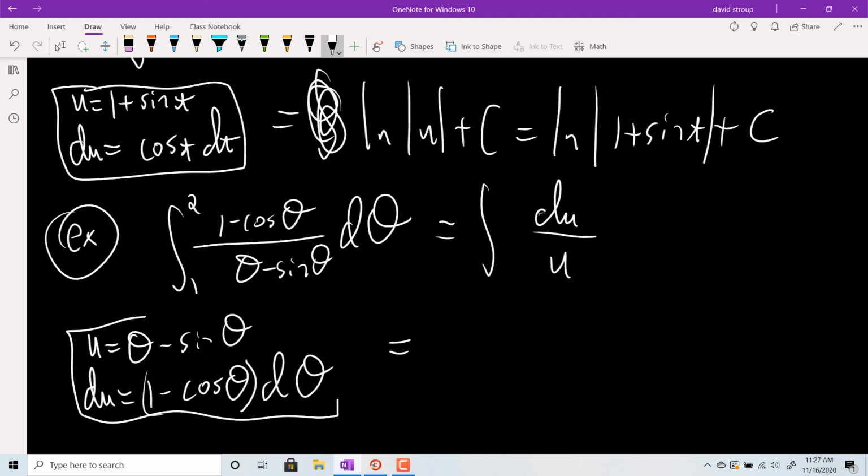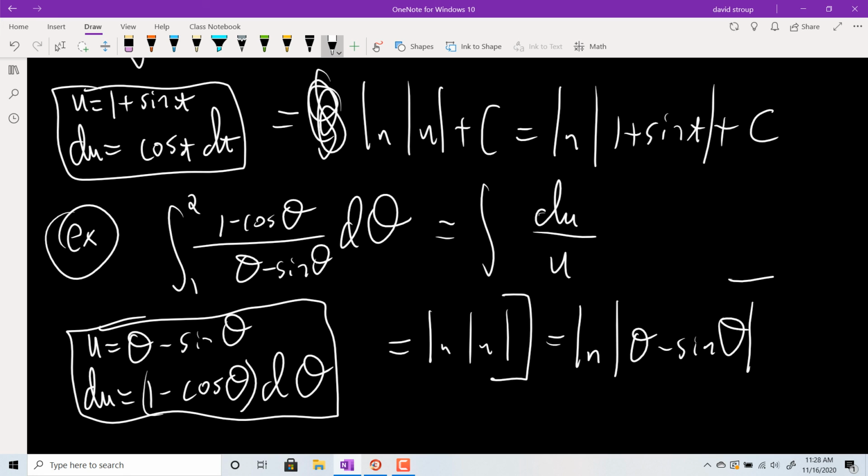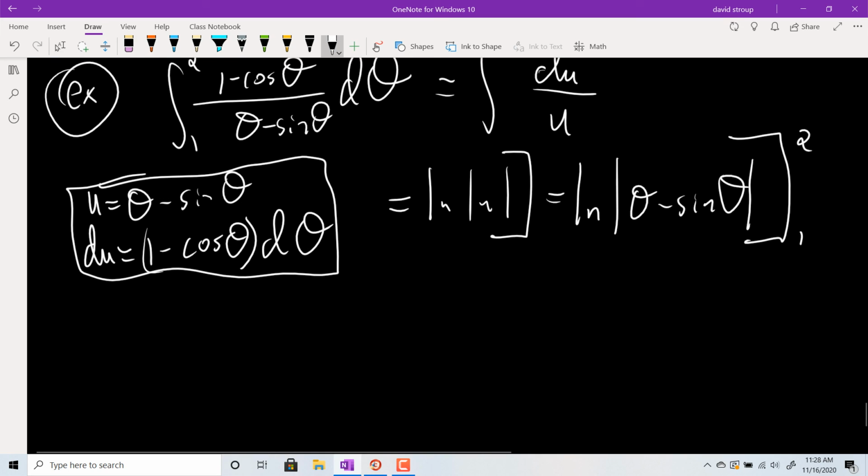Let me box this stuff off. So I get the ln of the absolute value of u plus c again. Whoops, but we're not doing plus c. We have to evaluate. Okay, so I'm just reminding myself I have to evaluate. Back sub: ln absolute value of theta minus sine of theta. And now I can put my limits back in, going from 1 to 2.